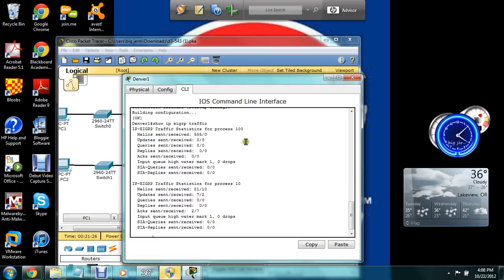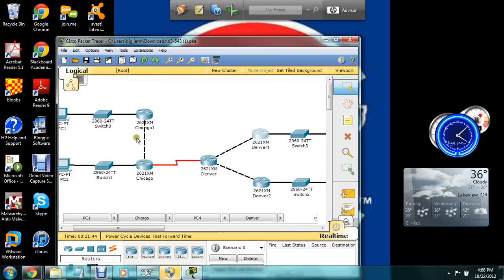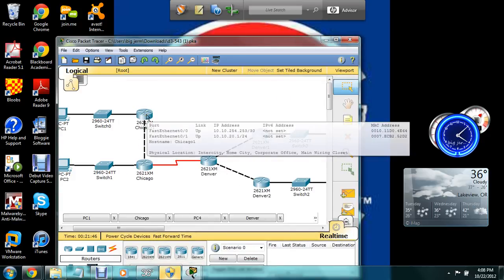Okay, and it shows that our process was 100, now it's 10, and it shows updates sent and received. All those were 0, and now we're actually getting some sent and received. Acknowledgments sent and received.